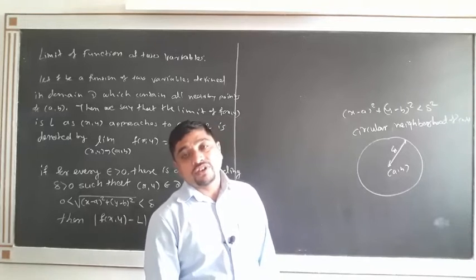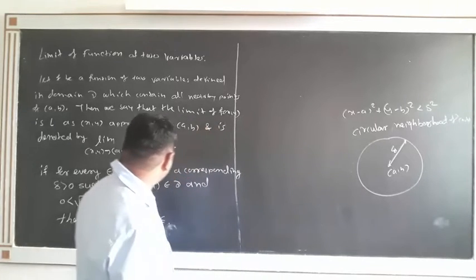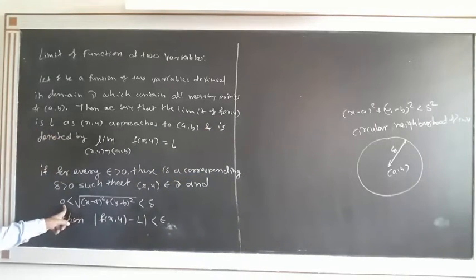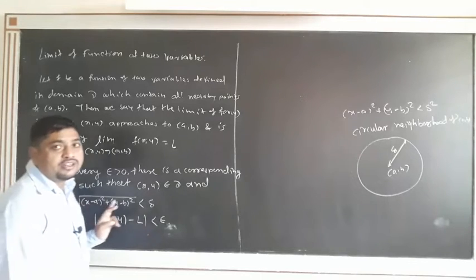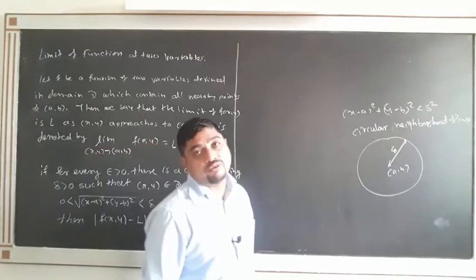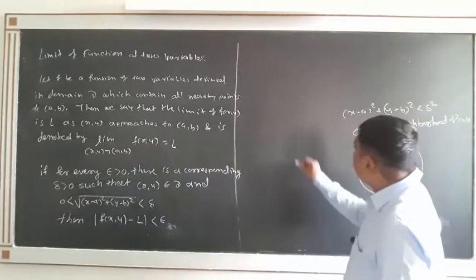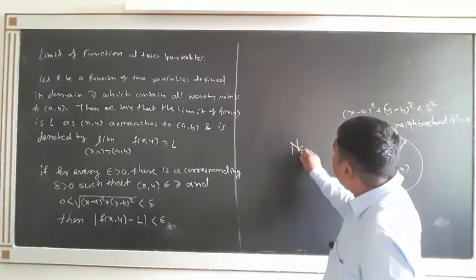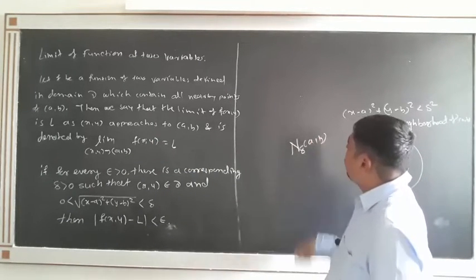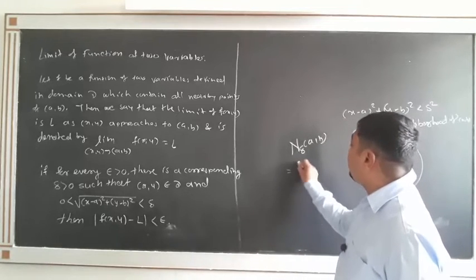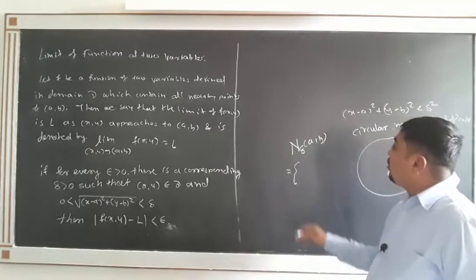That means it is the circular neighborhood, and if it excludes the point itself, we can say that it is a deleted circular neighborhood. The neighborhood of (a, b) we can denote by N delta (a, b).